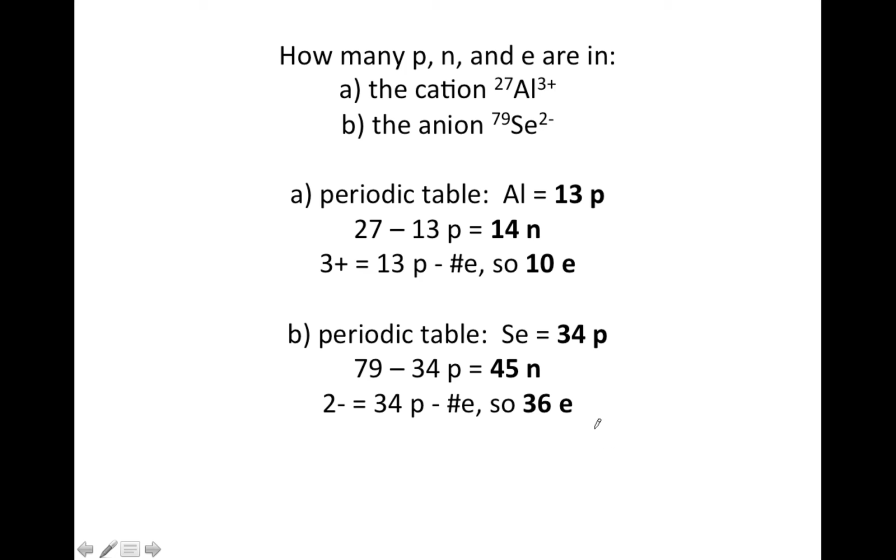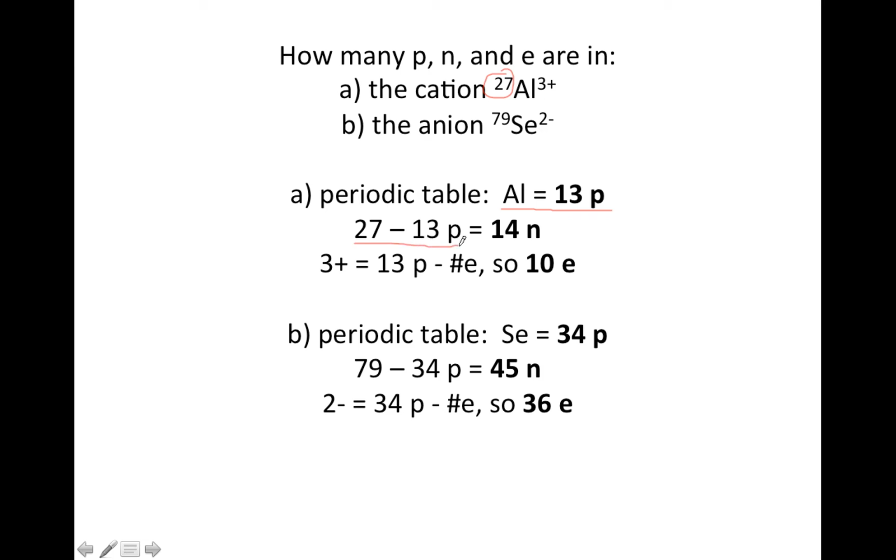So let's do a couple of examples. In these examples, they're going to give you a symbol, and they're going to ask you to figure out the number of protons, neutrons, and electrons. So for the top one, you just have to look at the periodic table, find aluminum, Al, and you'll see that it has 13 protons. There'll be a whole number 13 in the box, and that tells you the number of protons. The upper left number here, the mass number, 27, is protons plus neutrons.